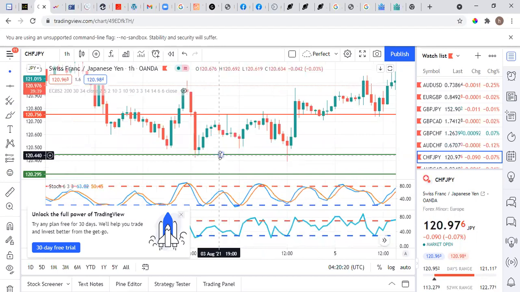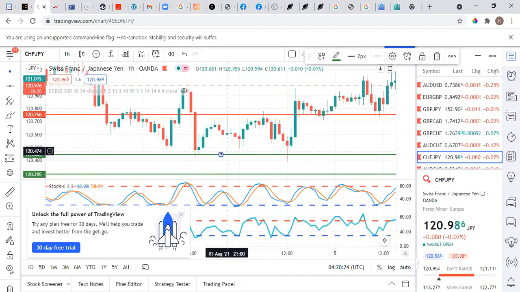This is a support line, acting as the floor. Whenever your candle touches it, it tends to bounce back up. And whenever it goes up and reaches the resistance, there's a resistance here, it bounces back down.